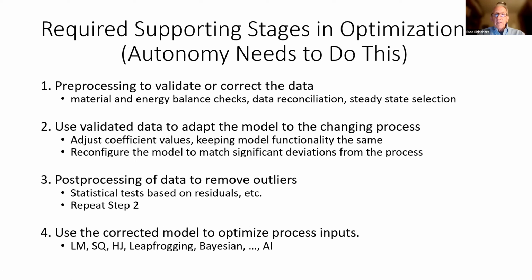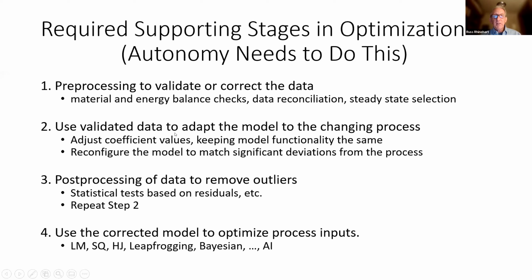For autonomy to do optimization, there are several stages that would be required. One would be pre-processing of data to validate or to correct the data to make sure that we have the correct valid data. And typical techniques are listed there in the subheading. Once we have the validated data, then we can adapt a model to the changing process.